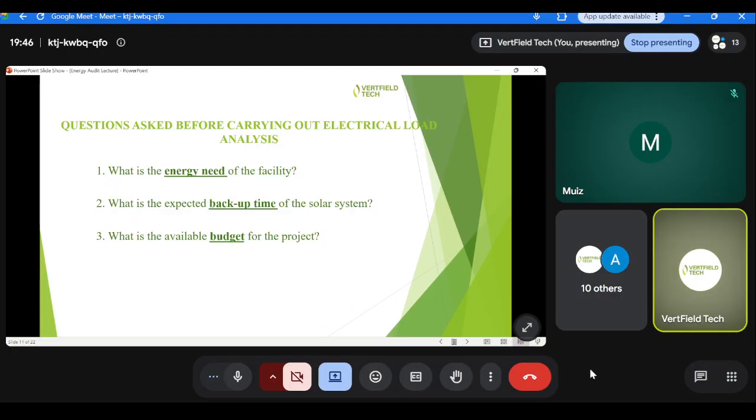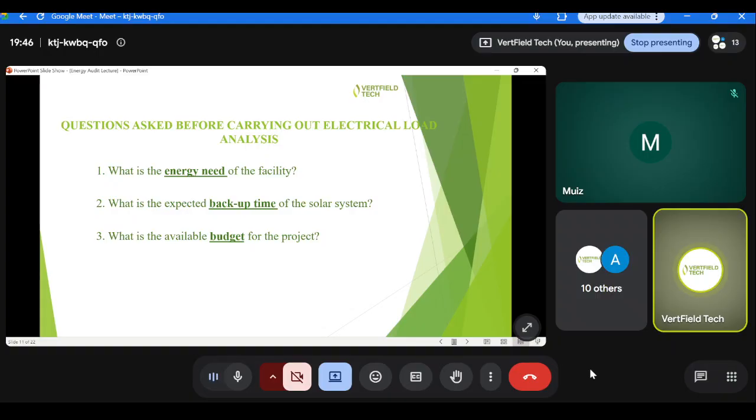Asking the question of budget will give you clarity as to what your client needs for that period in time. Again, asking the question of budget will save you the stress of going through rigorous system design without bringing it to life.